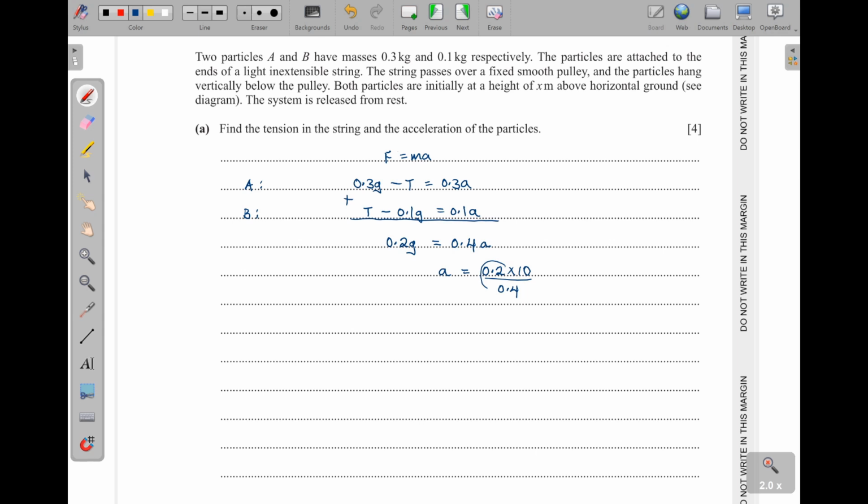Of course, this is going to be a half, and a half of 10 gives us 5. So the acceleration is equal to 5 meters per second squared.